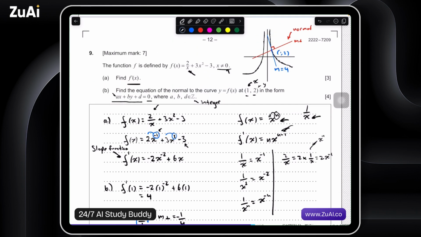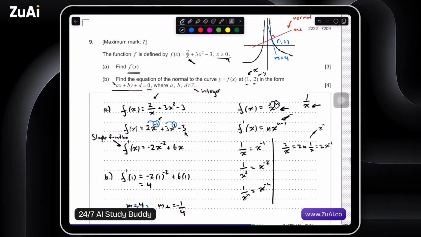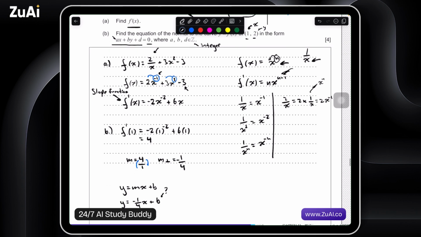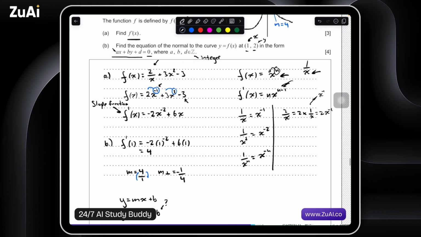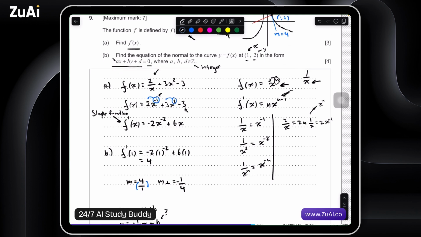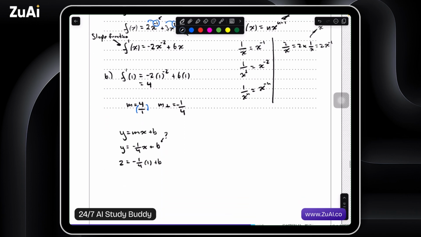We have x and y values, so we actually have a point that's on this normal line. So we should be able to just substitute this value of 1 and 2 into the equation. So y is equal to 2 when x is equal to 1, and then we can find the value of b that way. y is equal to 2, x is equal to 1.